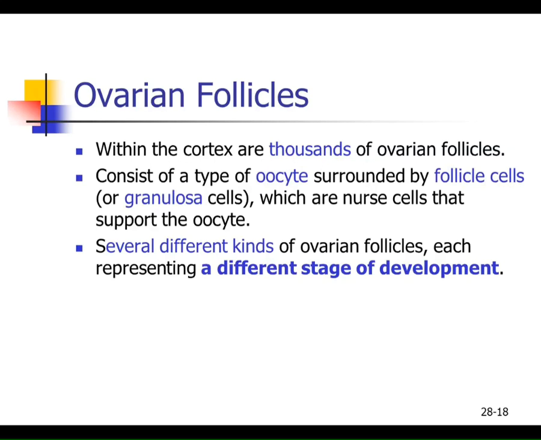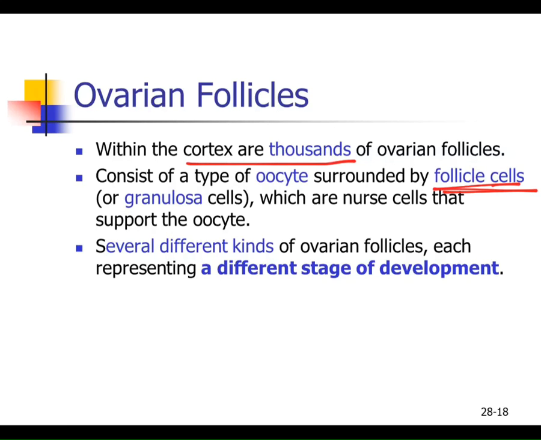Now the oogonia, same term, similar to the spermatogonia. These are the stem cells, the first cell that will begin making eggs. And they are found in the cortex of the ovary. And because these cells need to be protected for decades, they're going to be protected or surrounded by follicle cells.